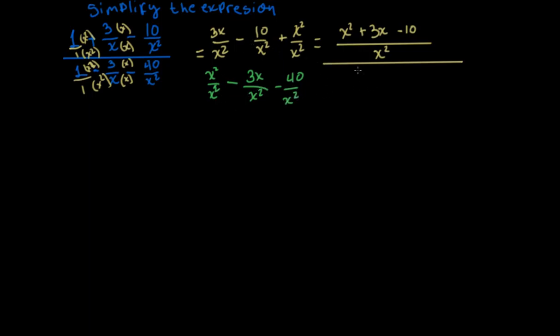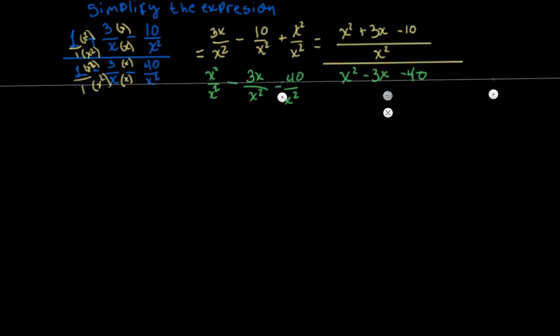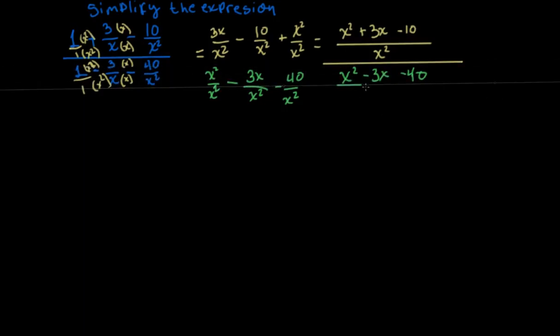All right, so I can say that this is going to be x squared minus 3x minus 40, divided by x squared.